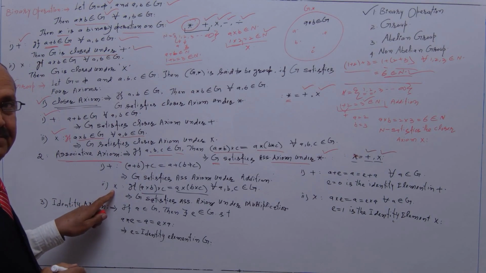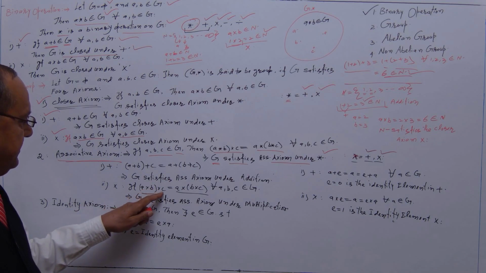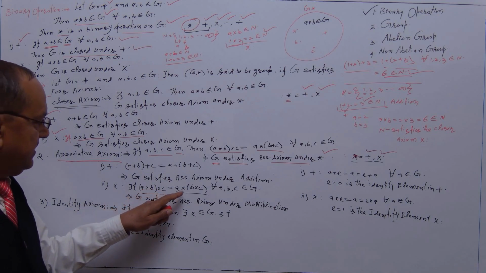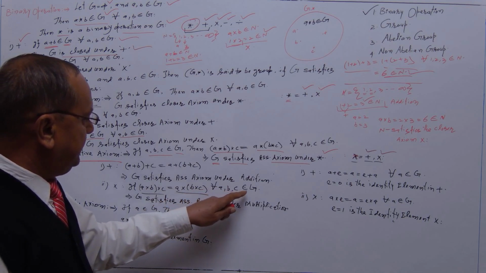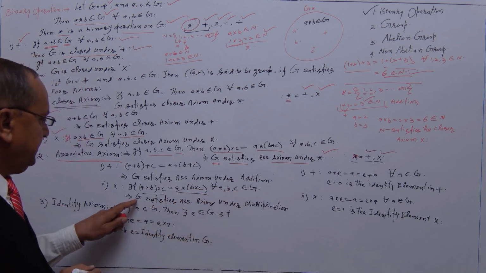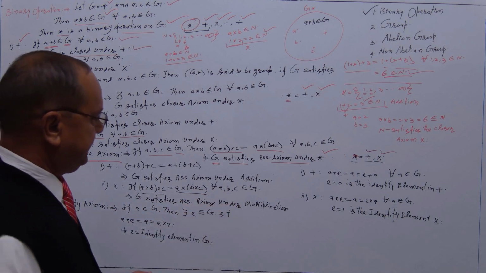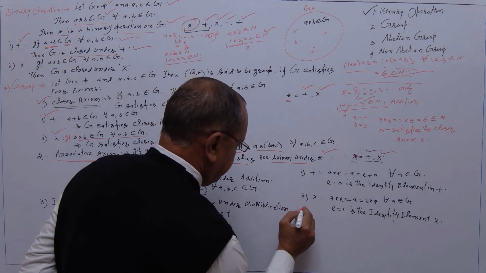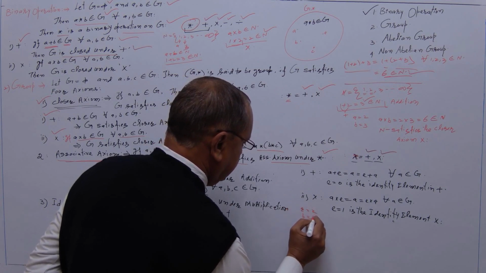Now under multiplication. If a cross b cross of c is equal to a cross of b cross c for every a, b, c belonging to G, then G satisfies the associative axiom under multiplication. Here, a equals 2, the value of b is 3 and c is 1.